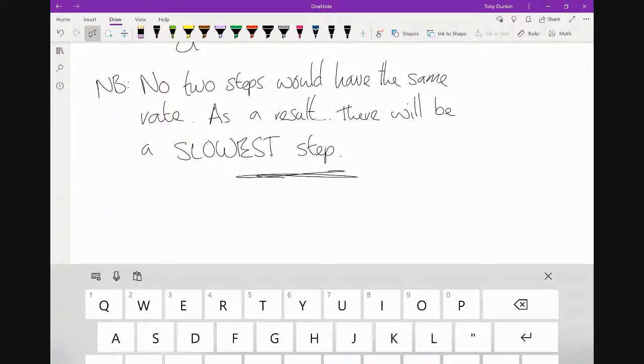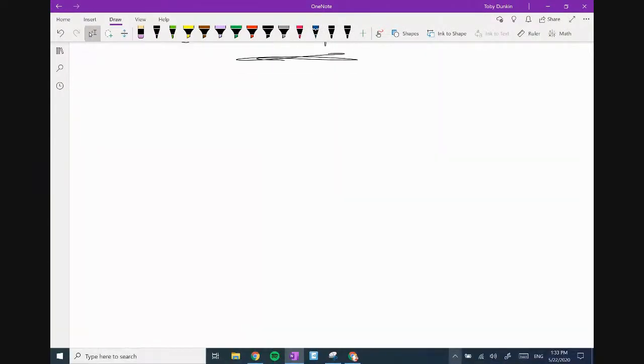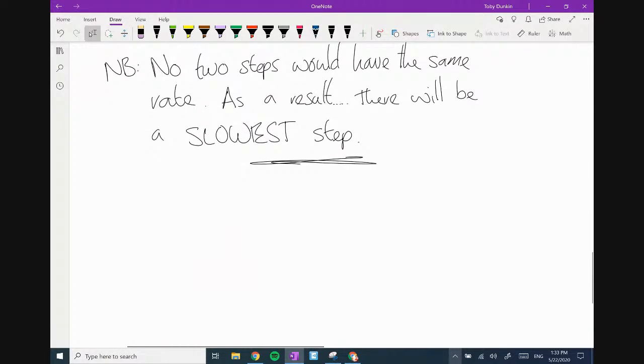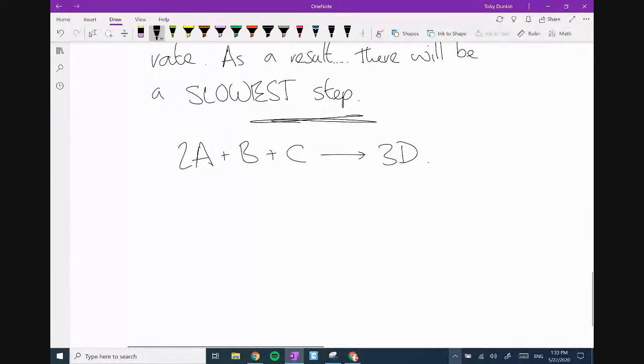If I'm going to transform, this is where I start giving you guys bizarre equations. If I said 2A plus B plus C gives me 3D, this is my overall reaction.